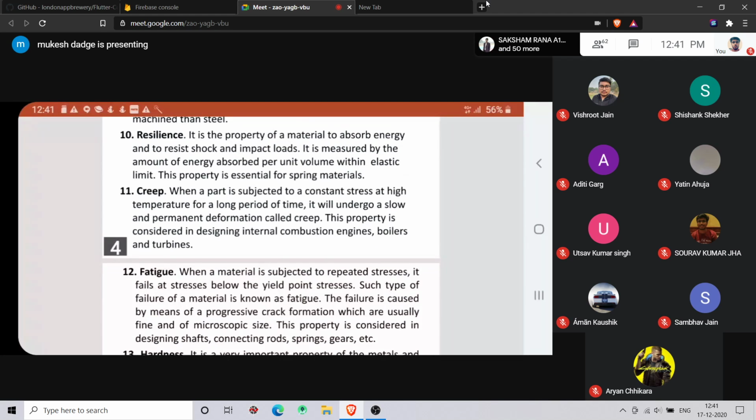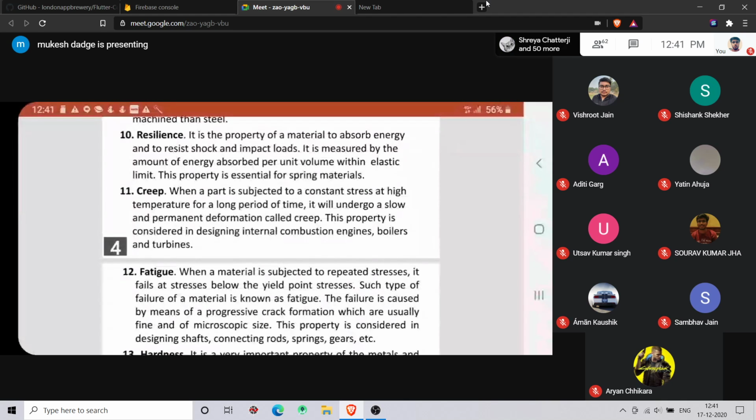Creep. When a part is subjected to a constant stress at high temperature for a long period of time, it will undergo a slow and permanent deformation called creep. Suppose I have taken a steel bar and put it in a hanging position, in high temperature for a long period of time.